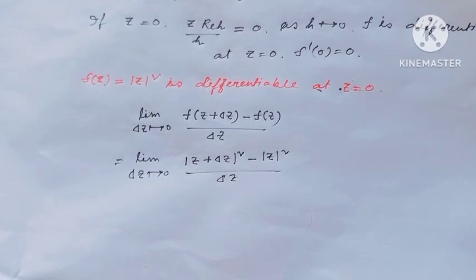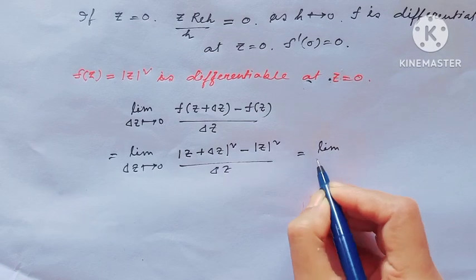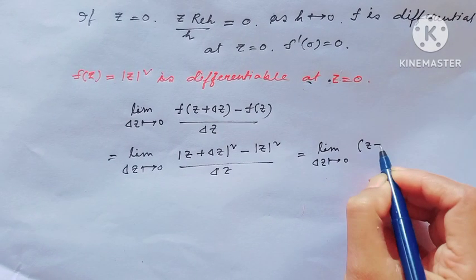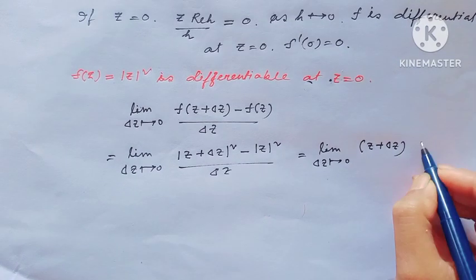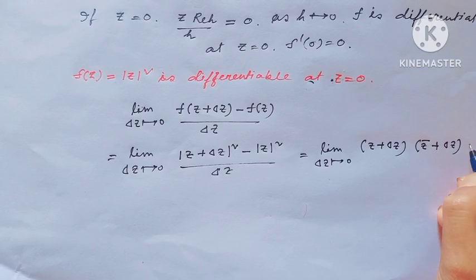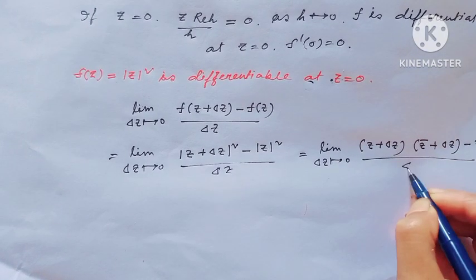Then this value would be the limit as delta z tends to 0 of (|z + delta z| squared - |z| squared) over delta z. Then this value would be the limit as delta z tends to 0 of ((z + delta z)(z bar + delta z bar) - z z bar) over delta z.